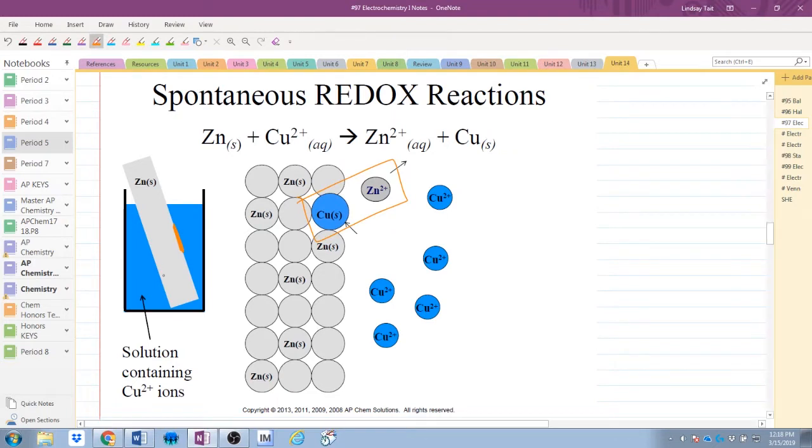So that is a common thing that you will see, is you will actually see this entire metal rod get coated in solid copper, right? And if it gets completely coated, that can actually stop the reaction if the aqueous copper ions can't reach the solid zinc atoms anymore.